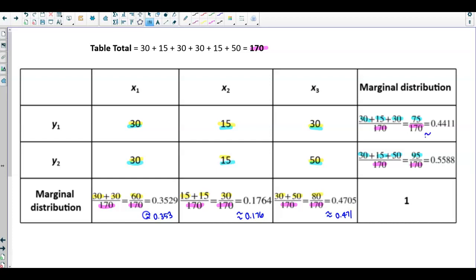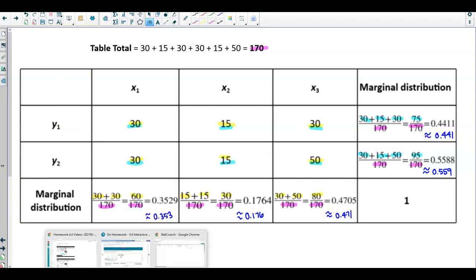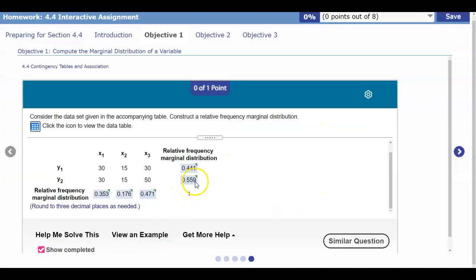And over here, when we approximate this, we get 0.441, and then we're going to approximate this to be 0.559. And then if we take a look at our results: 0.559, 0.441, 0.471, 0.176, and 0.353.